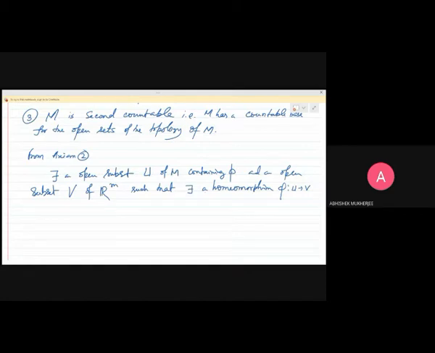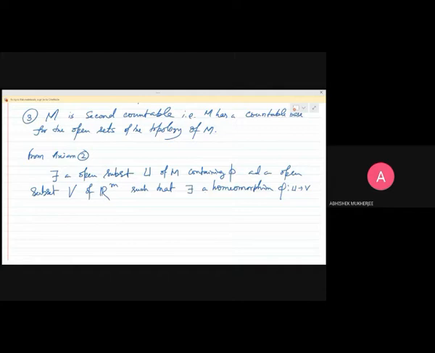So you are transferring an open subset V of Rm to the space M around the point P. So locally M looks like a Euclidean space. Okay.